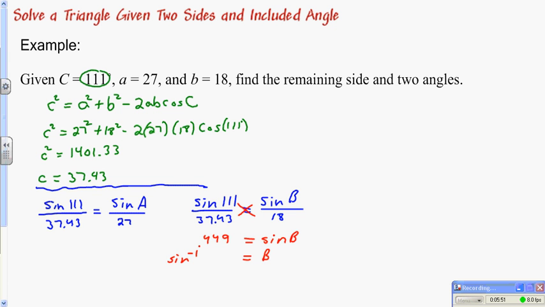Sine inverse of 0.449 will tell us B is equal to, again, make sure your calculators are in degrees, 27 degrees. And if you know it's 27 degrees, you can take 180 minus 111 for angle C minus 27, and that will tell you 42 degrees, and that is angle A. So you have all three sides and now all three angles. Pretty handy.